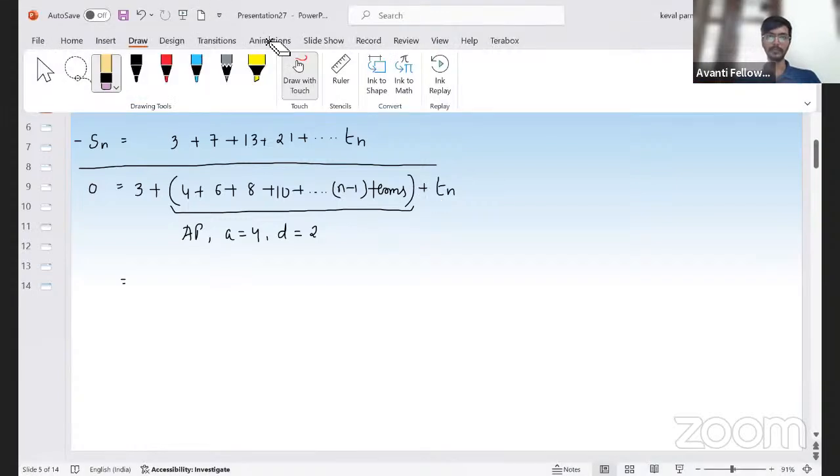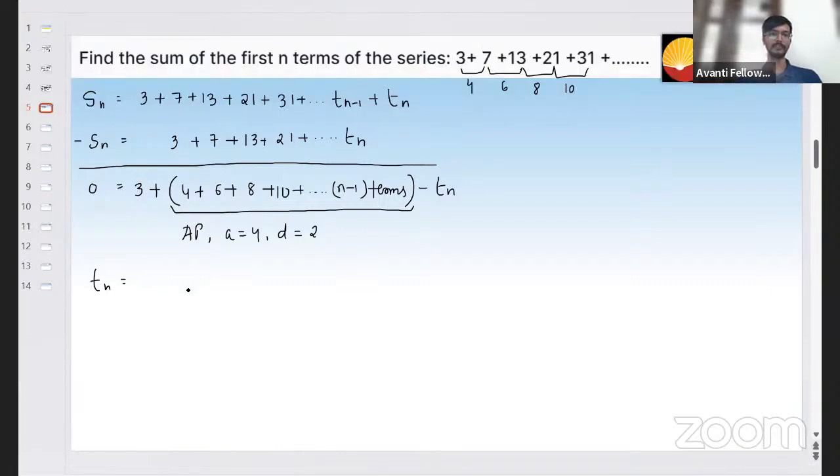I subtracted it, right? So let's take Tn on the right hand side. So I'll get Tn is equal to 3 plus, here, the sum formula of an AP. So it will be n by 2 into 2a plus n minus 1 into 2.